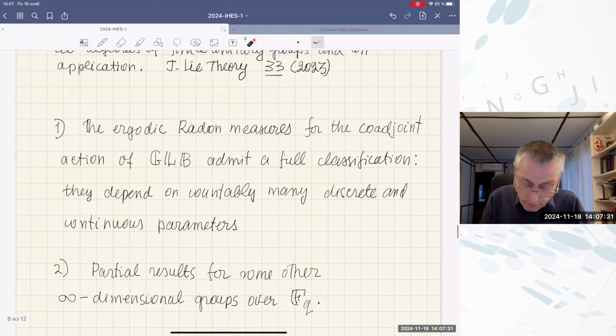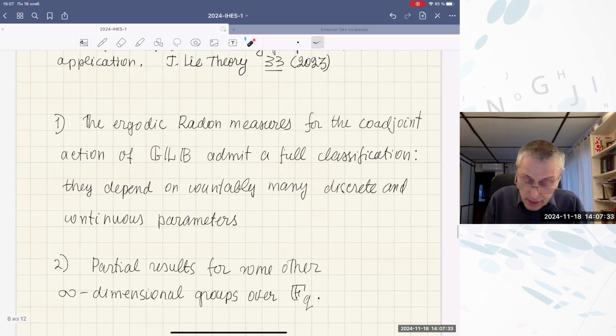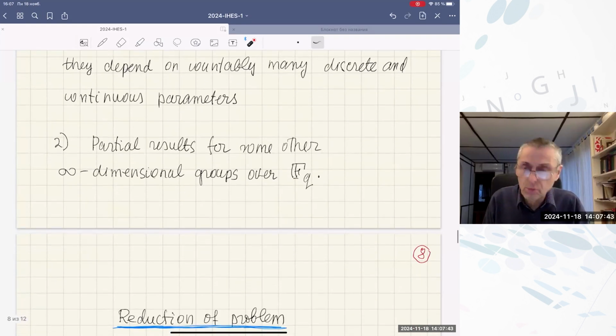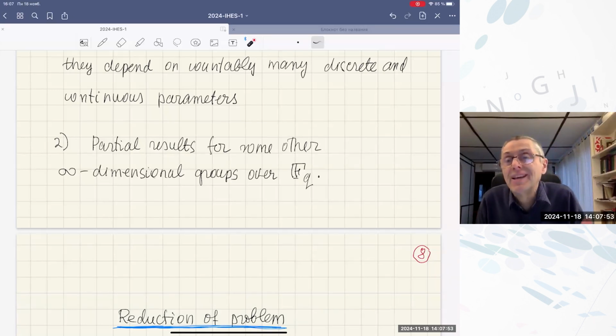And we have at present only partial results for some other infinite dimensional groups over a finite field. So I would like to briefly, without technicality, this is not a technical talk, I would like to just present some ideas, some flavor of this problem.